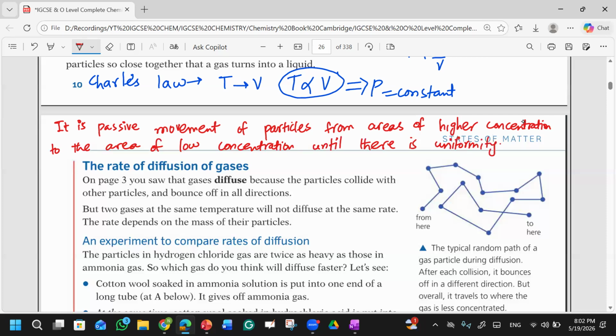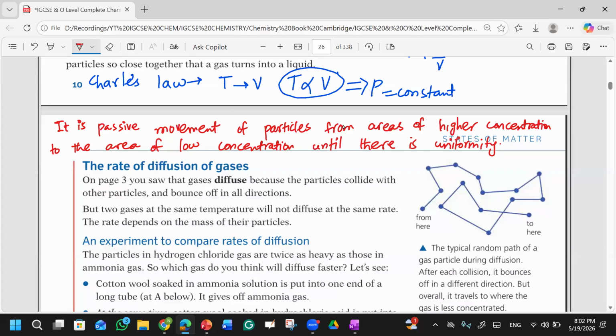Simply you can write that. If they ask how much the spreading will be and for how long, you write until there is uniformity. You know, when you spray air fresheners, there is fragrance in the whole room after 2 or 3 minutes. So this is known as diffusion.